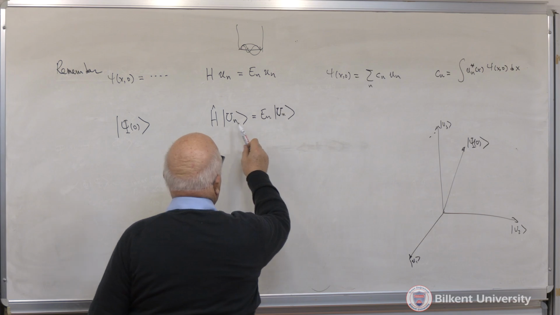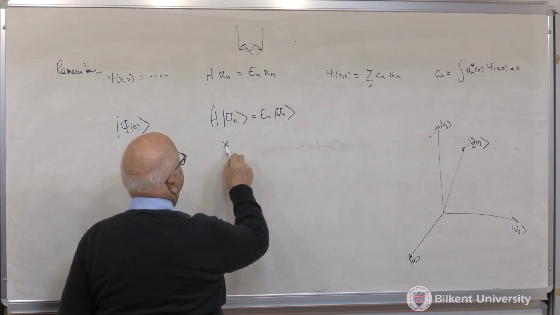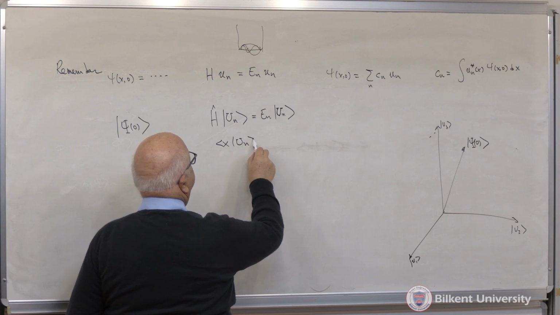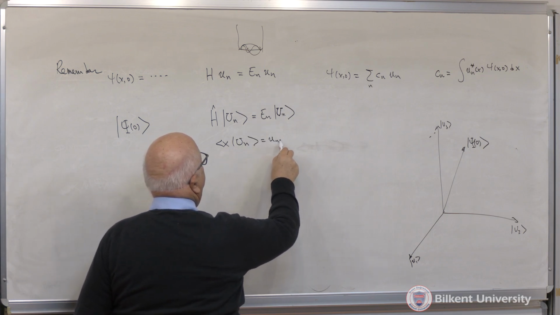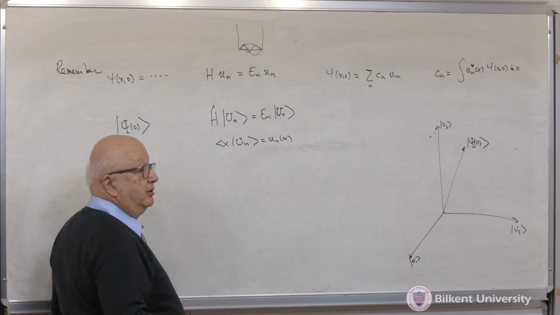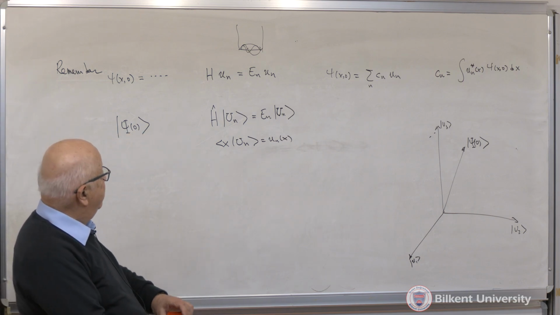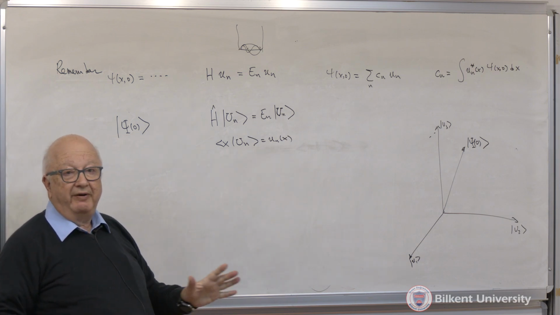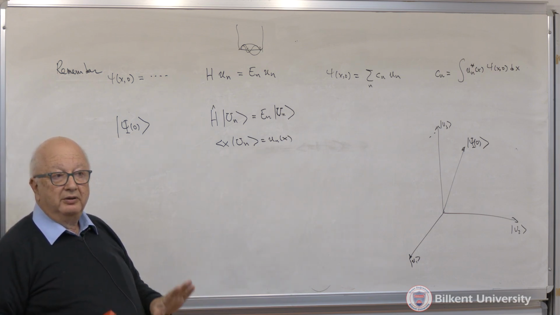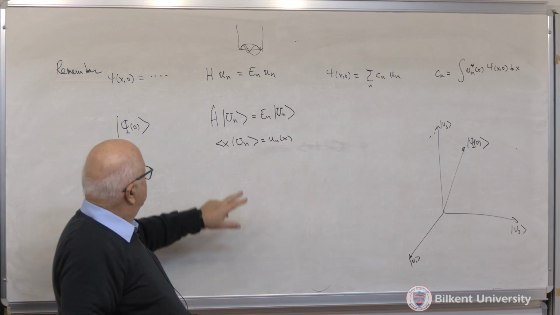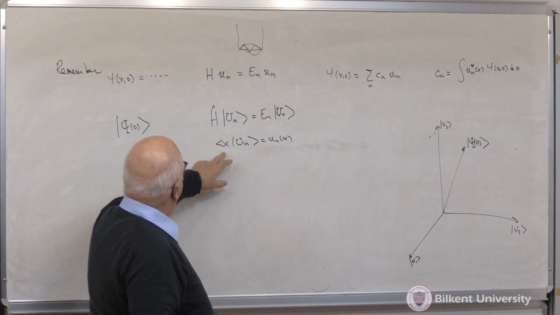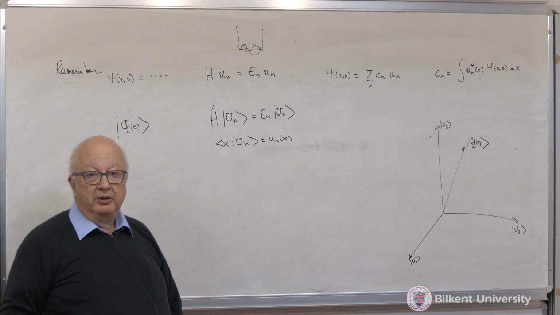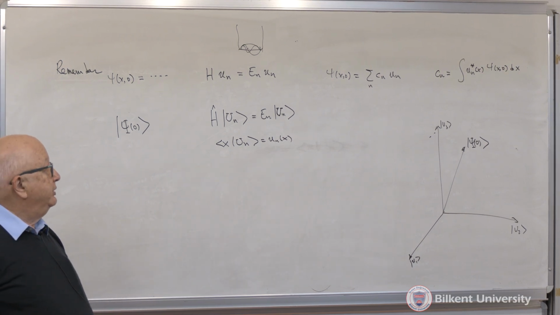So what are these things? Well, in the x basis, I know what these things are. In the x basis, they are just these Un of x's, right? Because whenever I put something into the x basis, I get this nice x wave function. That's always what I get. So now I want to expand this psi 0 in terms of these Uns. How do I do it?